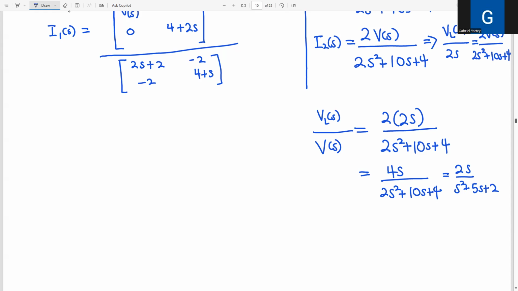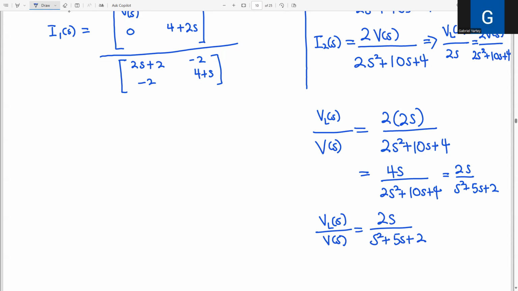So from the question, we've seen that our transfer function VL of S over V of S is 2S over S squared plus 5S plus 2. So we've solved the question. And if the input is a step function, you know how to go about it.